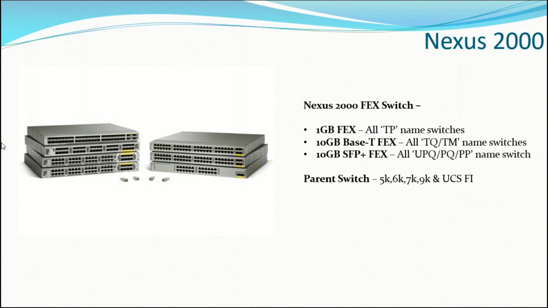So Cisco brought this concept that we can use another dumb switch, which is managed by the upstream switch, and that switch can be a 48 port or 96 port switch. It may have the option to use ports as unified ports, 10 gigabit, 1 gigabit or 40 gigabit.